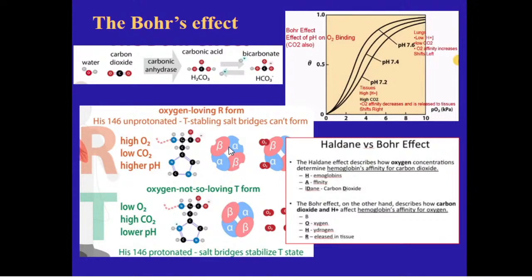Like in lungs, where the concentration of oxygen is at the highest quantity, this affinity will be at maximum. And this is due to the so-called relaxed R state of hemoglobin, which depends on the pH and the concentration of these components of the bicarbonate system.